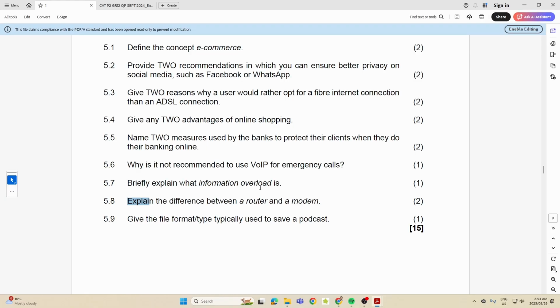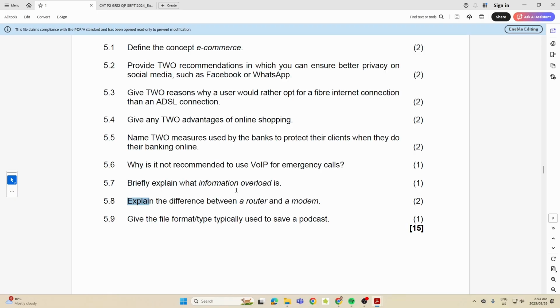Explain the difference between a router and a modem. So please just understand, because you can have like 3 different answers. I'm going to give you the 3 different answers from the memo. So the first one is you need a modem to connect to the internet, while a router distributes the internet access to your devices. Or you could say the difference between a modem and a router is that a modem connects you to the internet and a router connects devices to Wi-Fi.